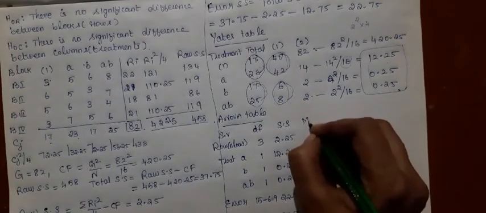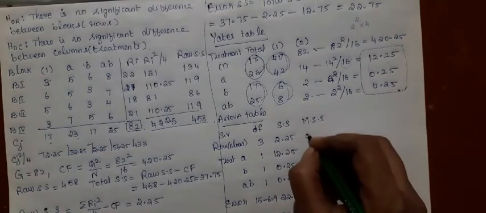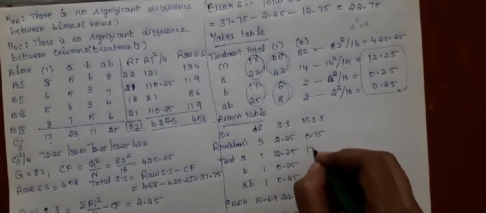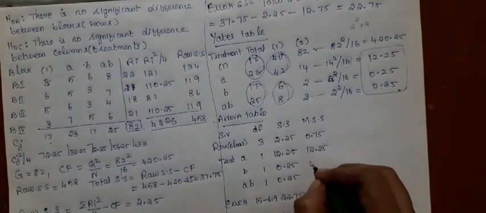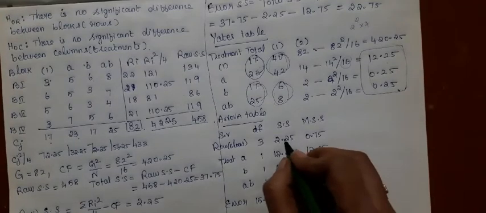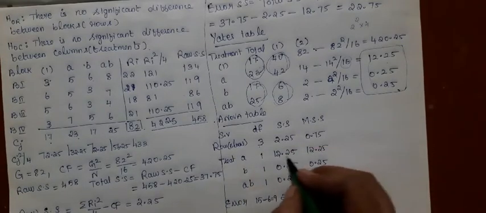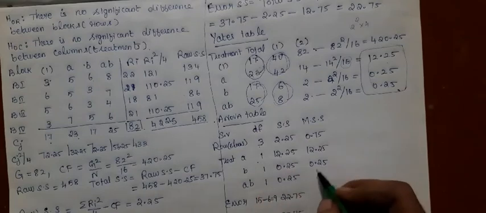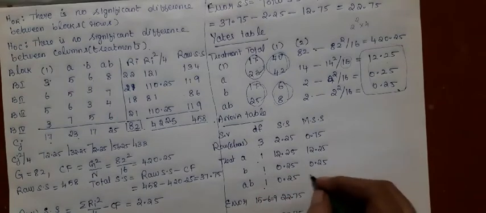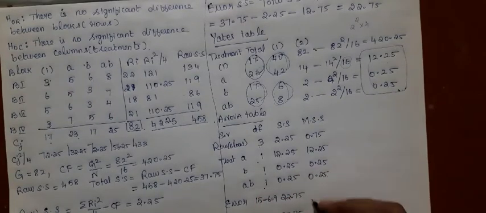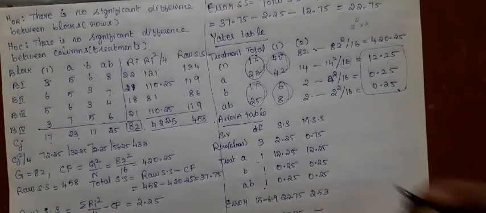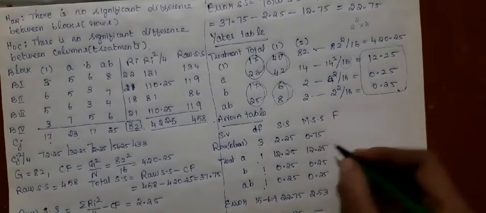Mean sum of square is 0.75, 12.25, 0.25. How do you do this? Divide sum of square by degrees of freedom, 3. 12.25 by 1. Here divided by 1, you get the same. This divided by 9, you get 2.53. Now calculate F value.